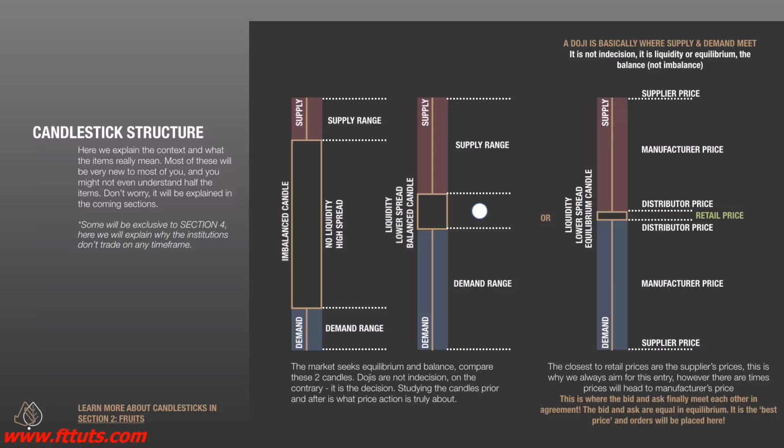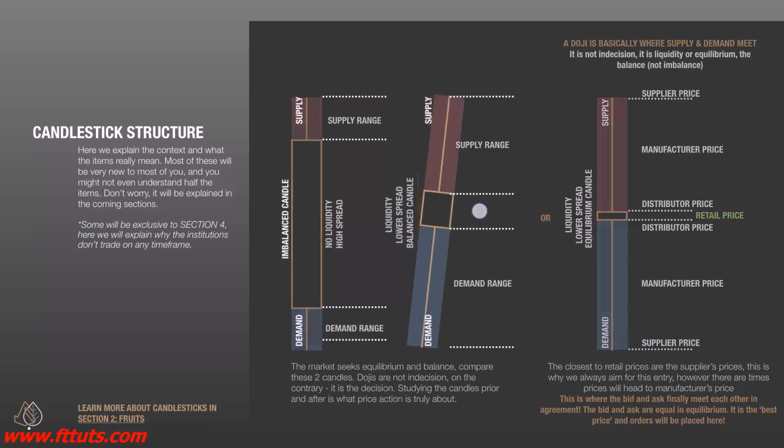Okay, and if you finally look at a real dodgy, the last candlestick, the dodgy is basically where supply and demand actually meet. It is not indecision, it is liquidity or equilibrium. It is the balance. It is not imbalance. It is not indecision. Okay? So you can actually read on from this, look into the notes, and try to understand this.